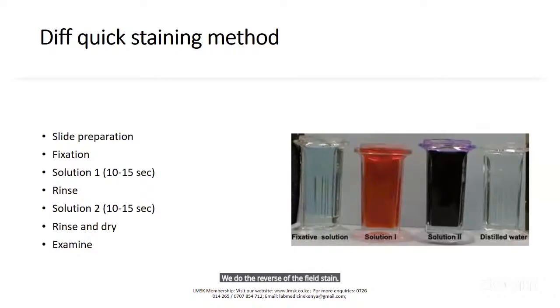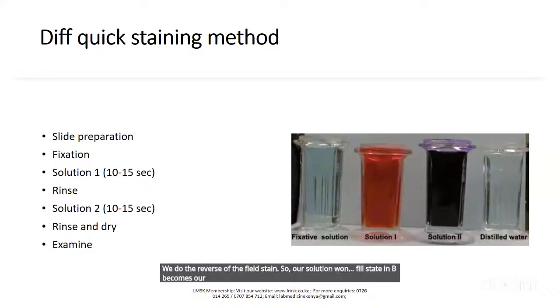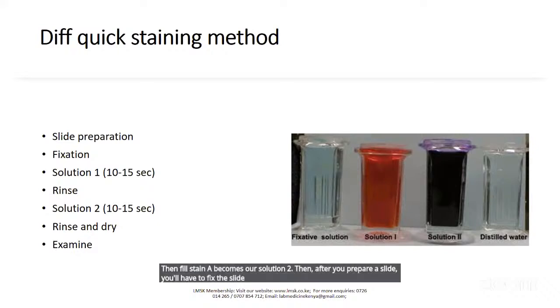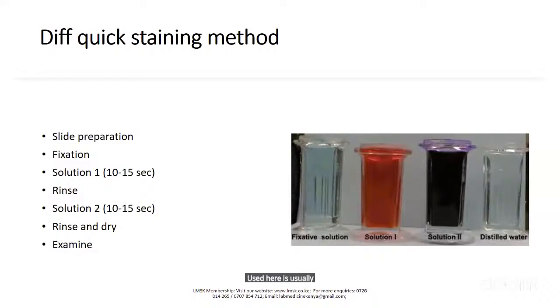So field stain B becomes our solution 1. Then field stain A becomes our solution 2. Then after you prepare a slide, you'll have to fix the slide. And the fixative used here is usually methanol. You fix your slide with methanol.